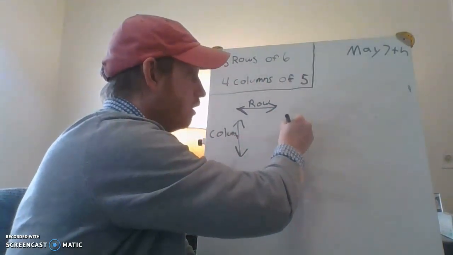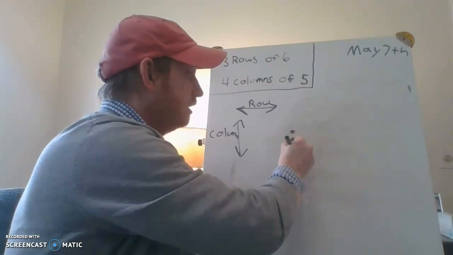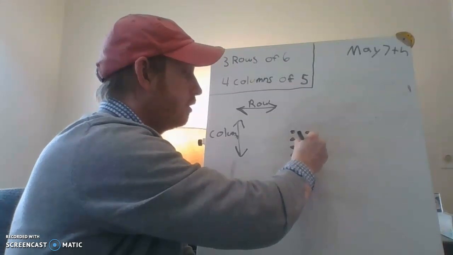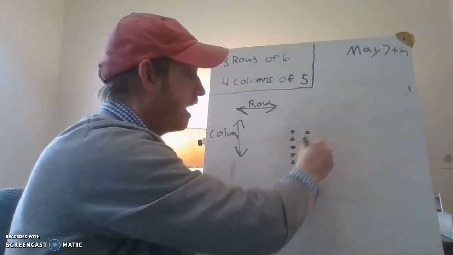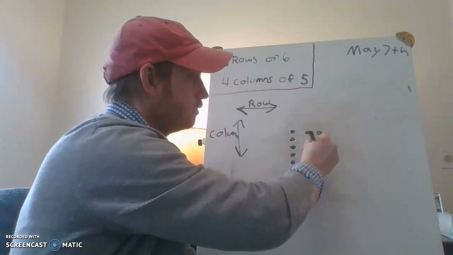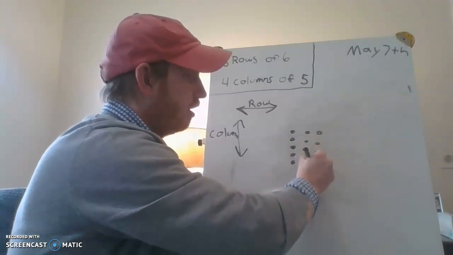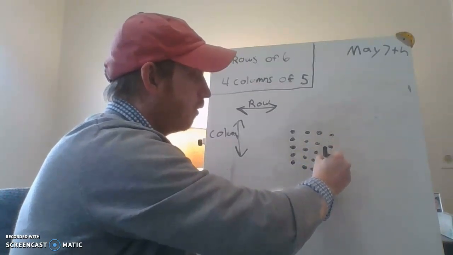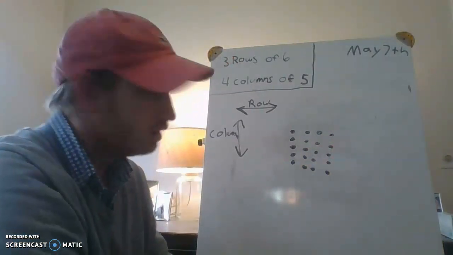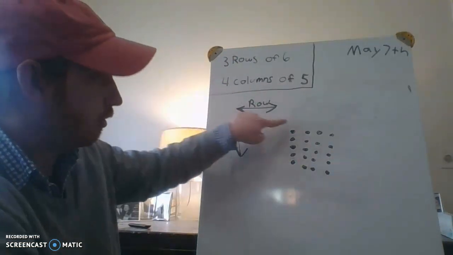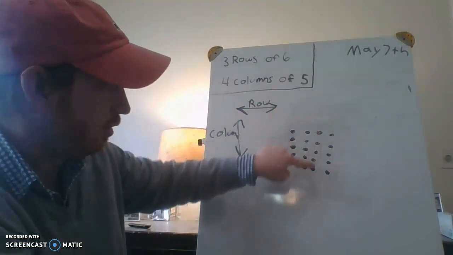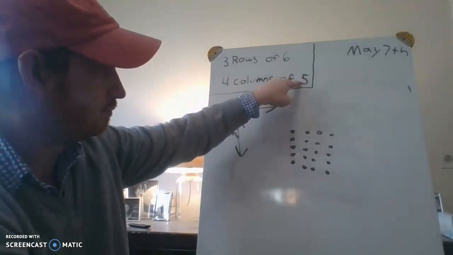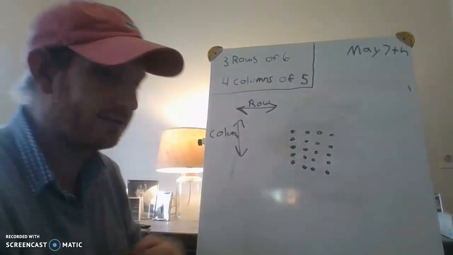So we have 1, 2, 3, 4, 5, and again 1, 2, 3, 4, 5, and again, and again. So our array has 4 columns, with 5 in each column.